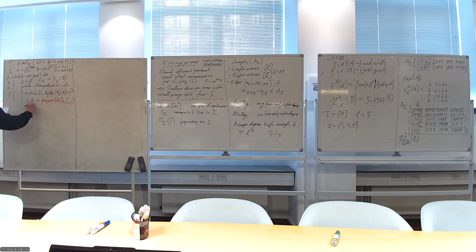So on Alice's side, I am now saying I'm trimming A so that in coordinate I only have these values.